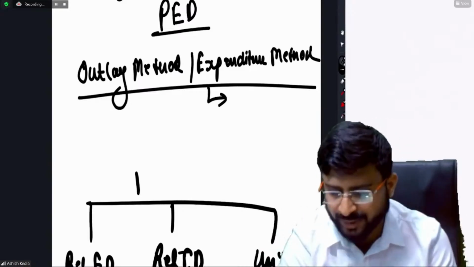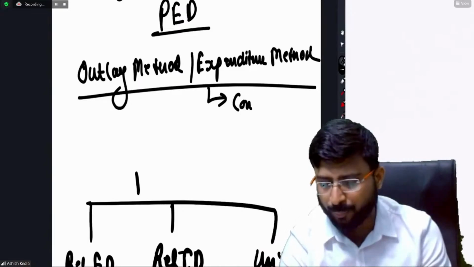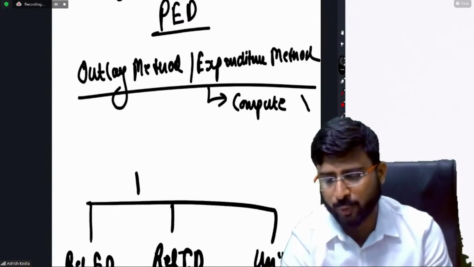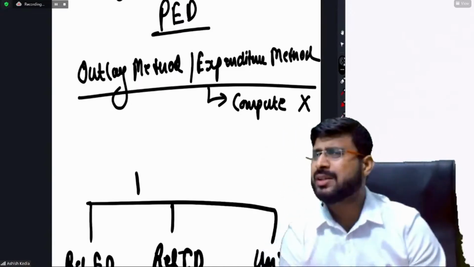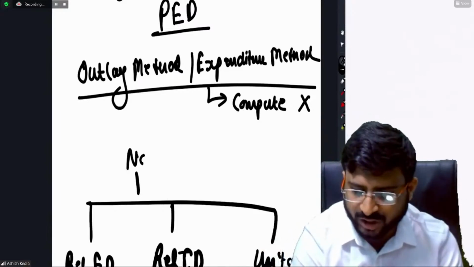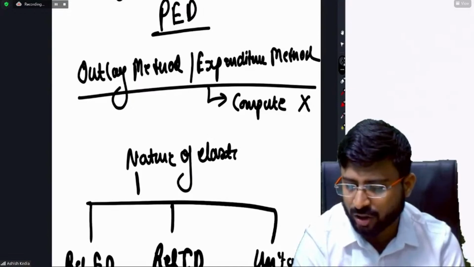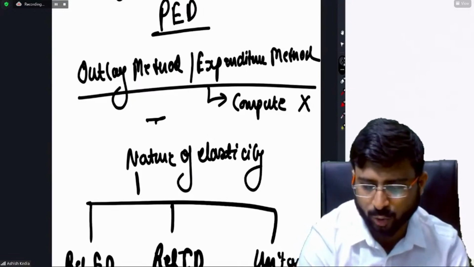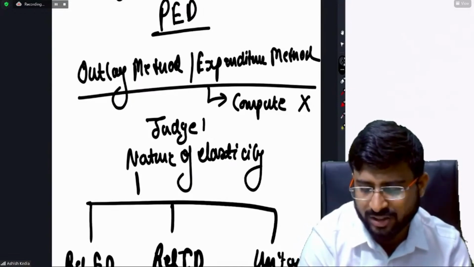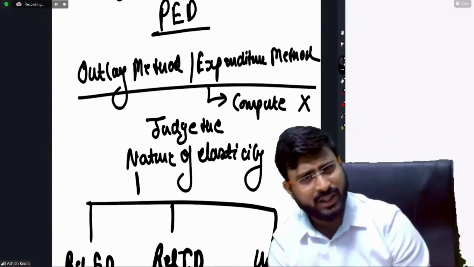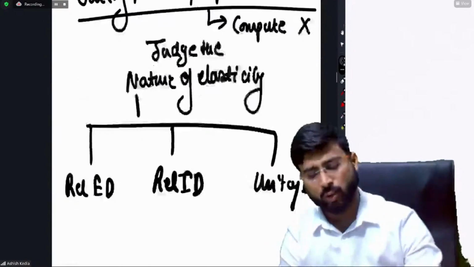Now, in this method, we don't need to compute, meaning no numerical calculation. Then what, sir? We just have to judge the nature of elasticity. Meaning, which type of elasticity do we see?